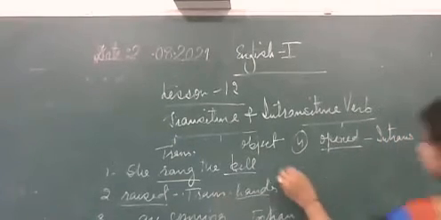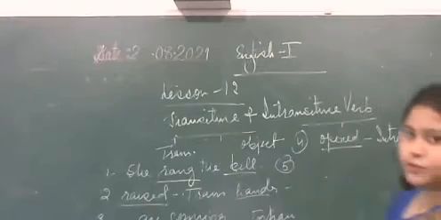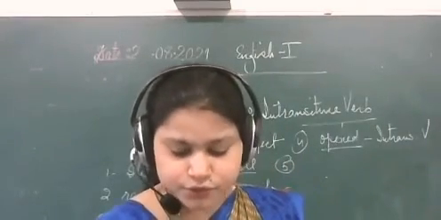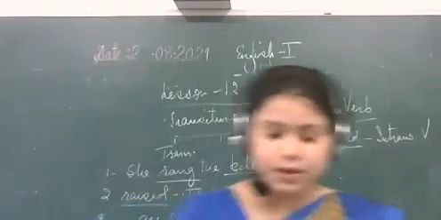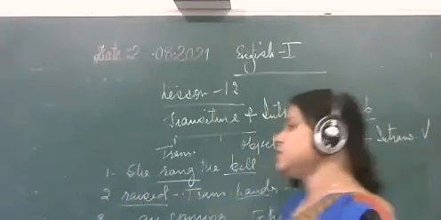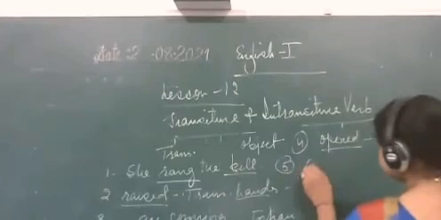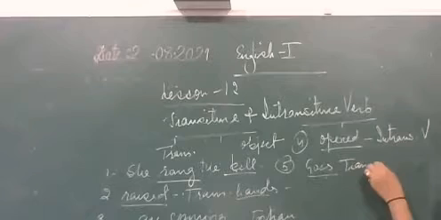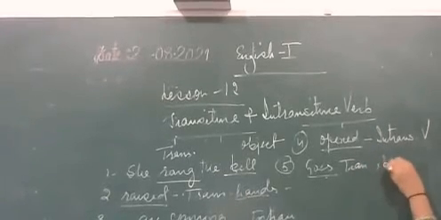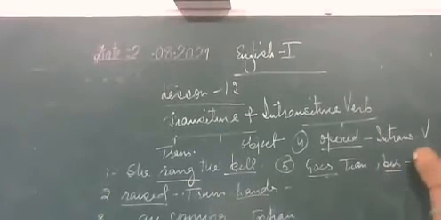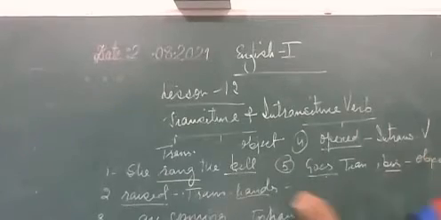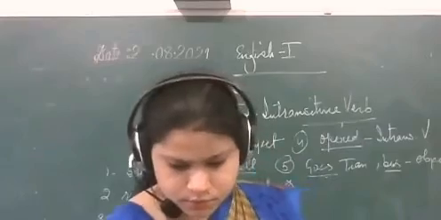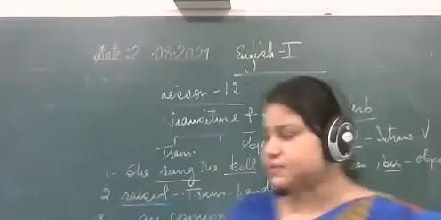Now let's move to the fifth one. He goes to school by bus. So goes is transitive and bus is object. Number six, they will laugh at us.